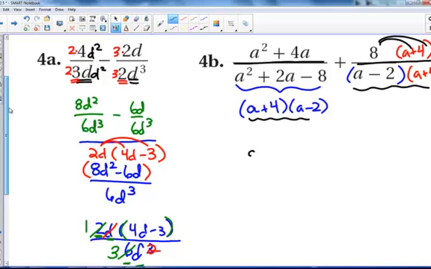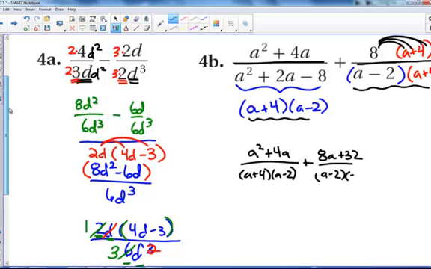So the numerator: a squared plus 4a plus, I'm distributing this, 8a plus 32. Putting like terms together, a squared plus 12a plus 32.